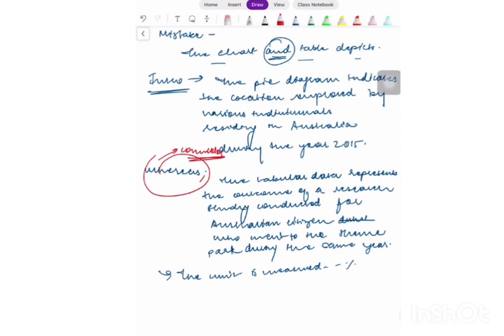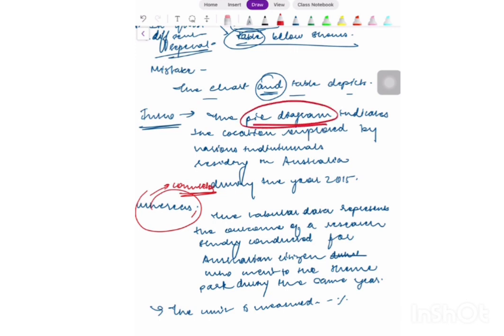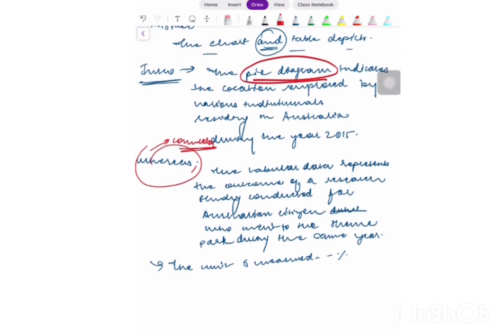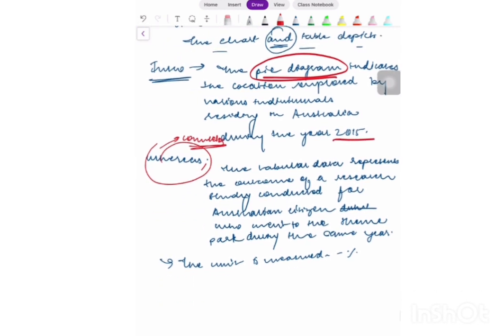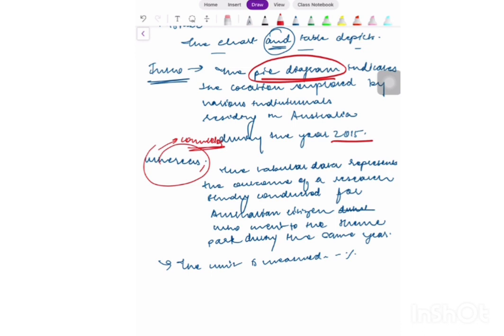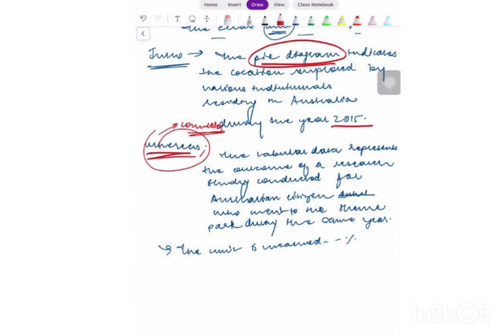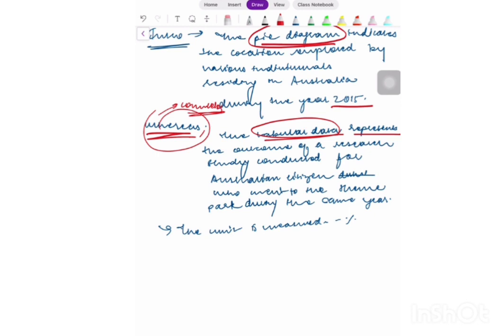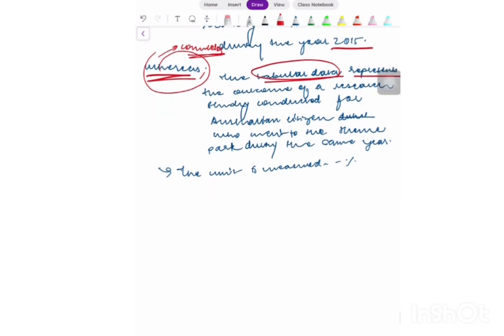So in the first part of the intro they have discussed the pie diagram indicates the locations explored by various individuals residing in Australia during the year 2015, the tabular data. Now before continuing this we'll add a connector such as whereas. So whereas means we are showing a comparison, in a way. Whereas the tabular data, now we are talking about tabular data, represents the outcome of a research study conducted for Australian citizens who went to the theme park during the same year, and the unit is measured in percentage.